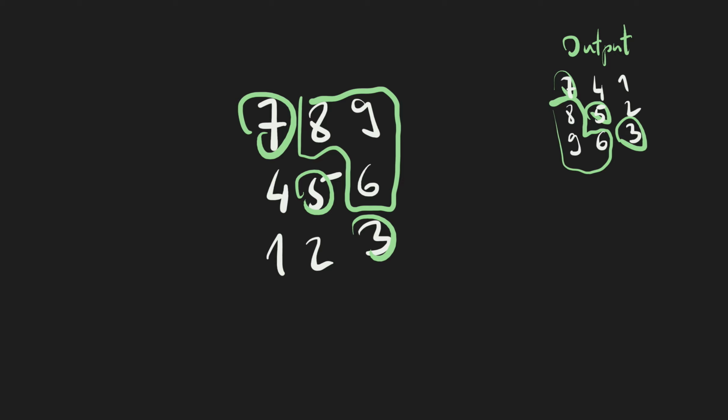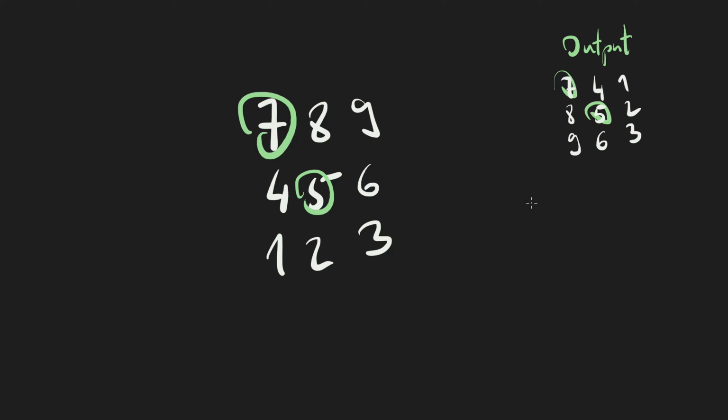And if we look at the coordinates, 8 starts from 0, 1, and it becomes 1, 0. And number 9 is 0, 2, and it becomes 2, 0. Cool, so we need to just swap the coordinates, right? So 0, 1 becomes 1, 0, and so on.